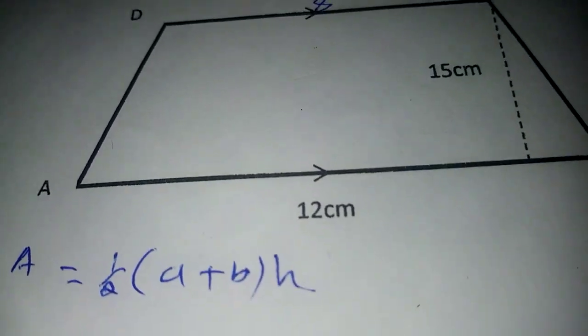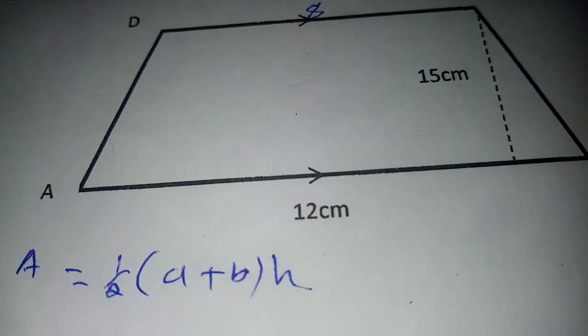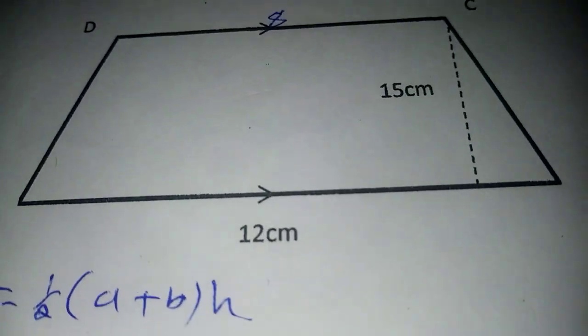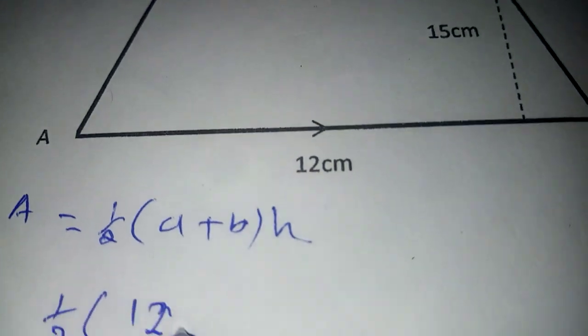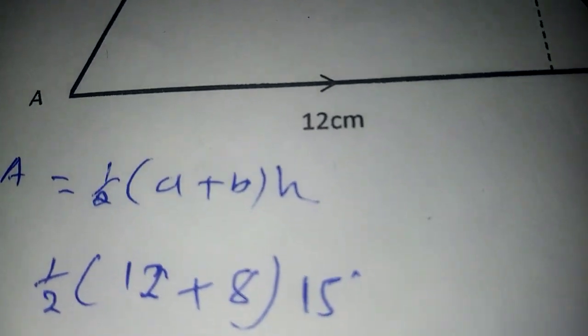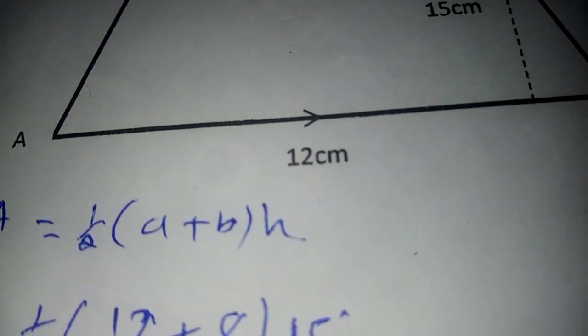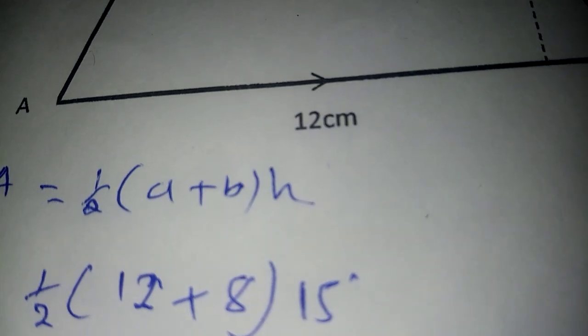So it is just a half into 12 plus 8 multiplied by 15. So it is a half multiplied by 20 multiplied by 15.